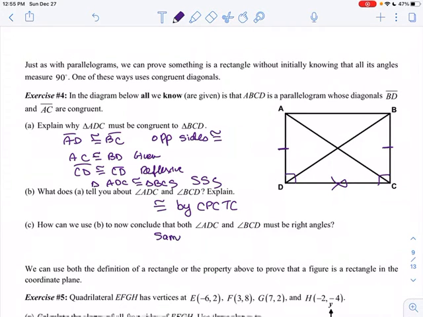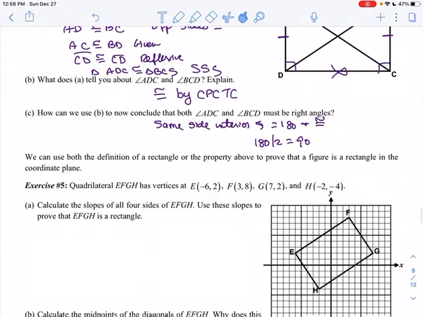They are same side interior angles. Same side interior angles equal 180, and they're congruent. So therefore, 180 divided by 2 has to equal 90.